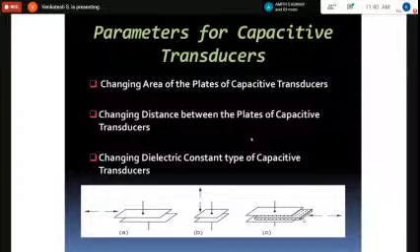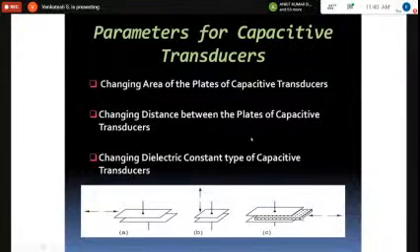Now in figure C, if I slide the dotted material to the right, there is some air gap here. So epsilon r of air is 1, we know, whereas epsilon r of this material may be 50. So the dielectric constant between the two plates is 50 up to this point and 1 afterwards.